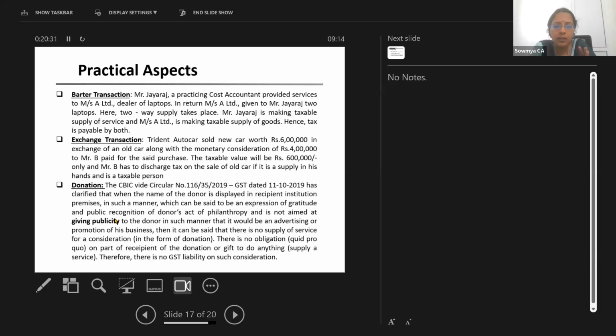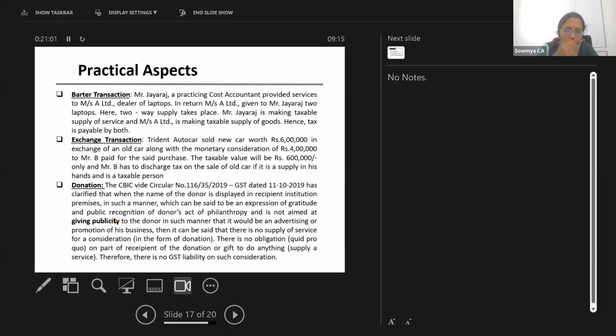So the value of the old car is around 2 lakhs rupees, is what we can assume. And the tax will be on 6 lakhs only and not on 4 lakhs. It has to be on the open market value or on the value that it is sold for. And B, on the other hand, has to discharge tax on the sale of the old car if he is a taxable person and it is used in the course or furtherance of his business.